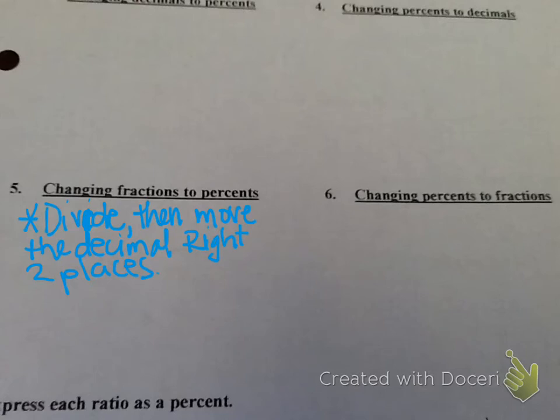So to change a fraction to a percent, I change it to a decimal and then move the decimal right 2 places. So I follow the rules of 1 and 3 to get from a fraction to a percent.